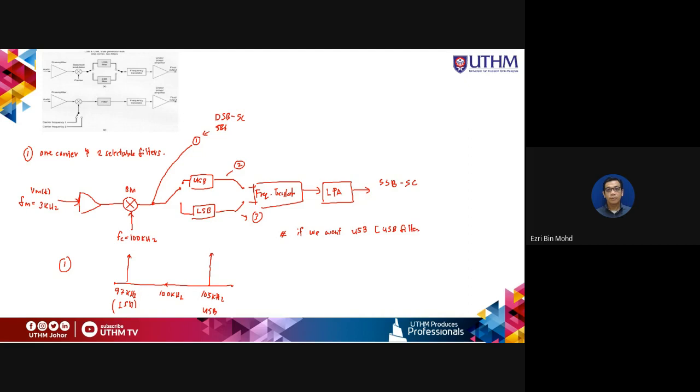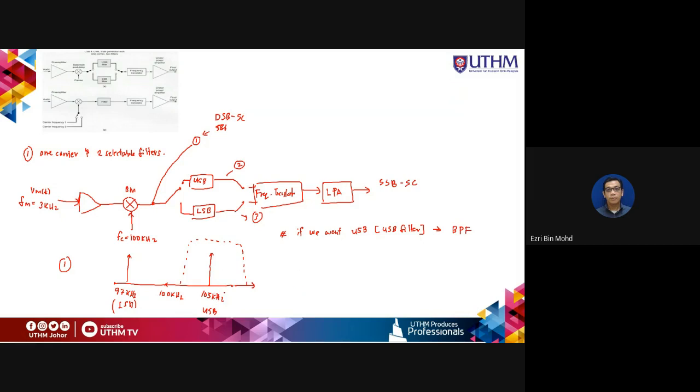So what kind of filter is this? Actually, it is a band pass filter. So we just develop a filter that will allow only the upper sideband to pass through.